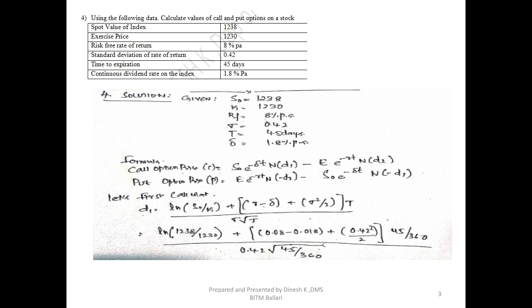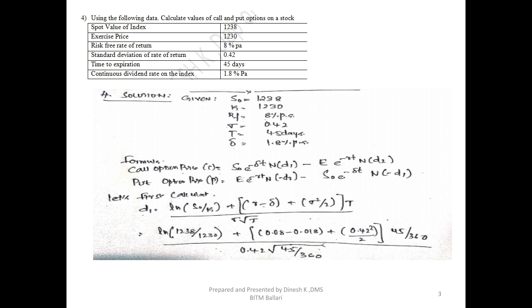So apply the case 3 formula here. The call option price is S naught times exponential to the power of minus delta into t, where delta is 1.8%, which I convert into decimal.